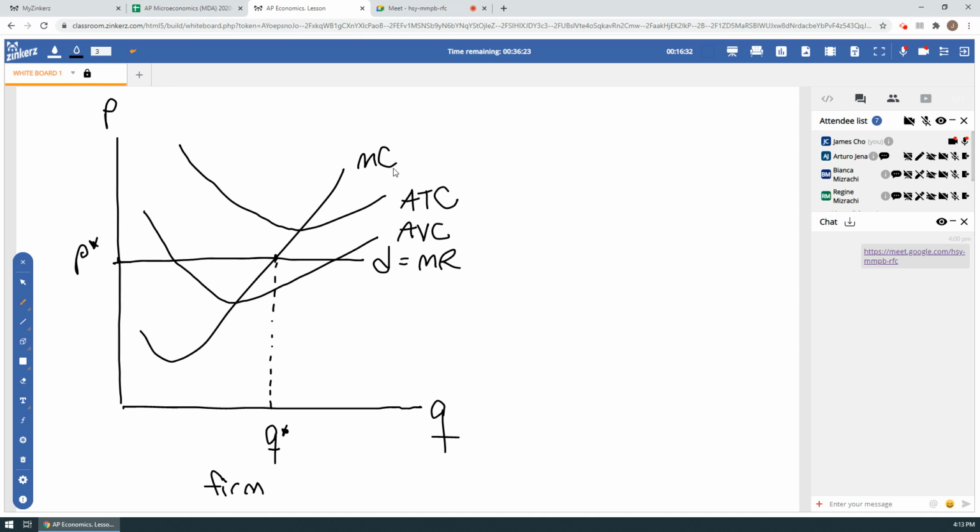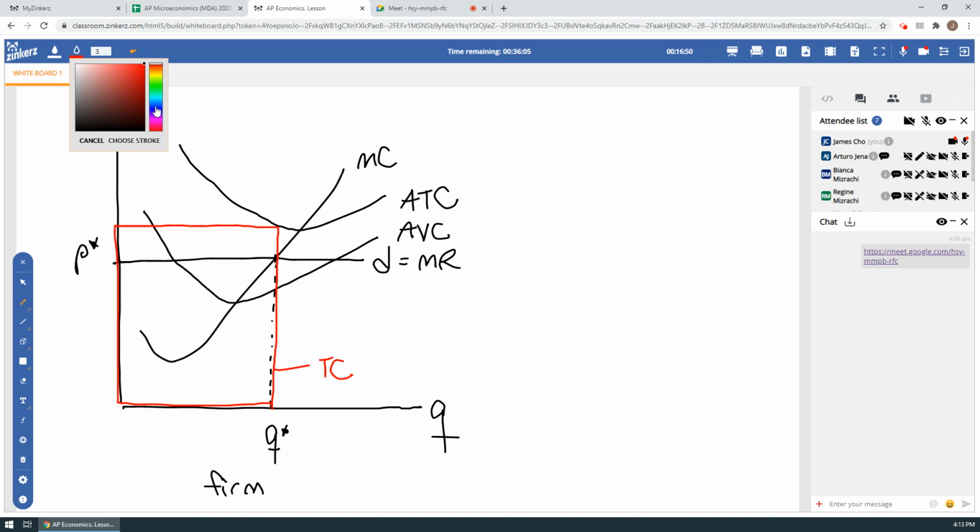Now the cool thing about this average variable cost is, if this was my ATC times Q, if this is my overall total cost, the fantastic thing about that average variable cost curve is it splits up that big red box of total cost. Well, what is this much from here to here?